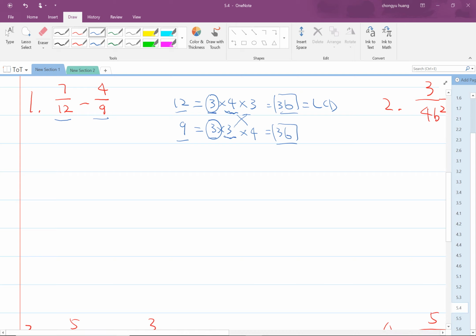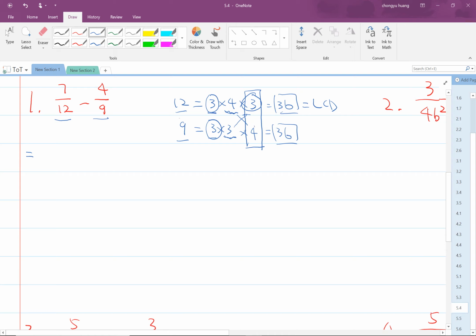So you may say, now I know the least common denominator. How is that related to solving this problem? Right. So now I will tell you why this is related to solving this problem. Make sure you really know that, because over here we multiply by 3 on 12, right?